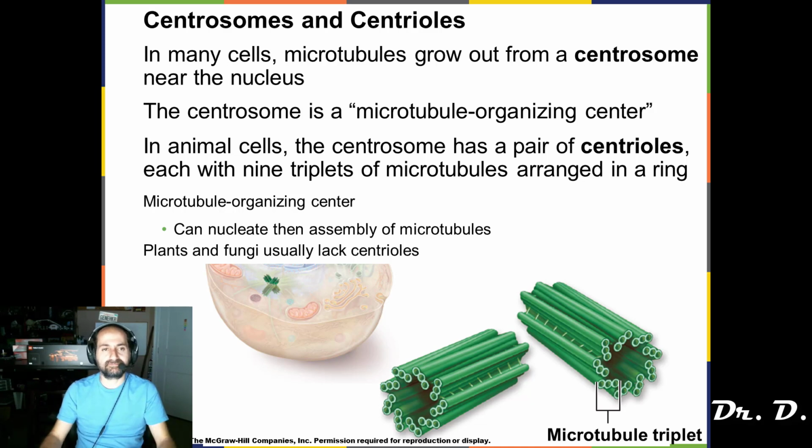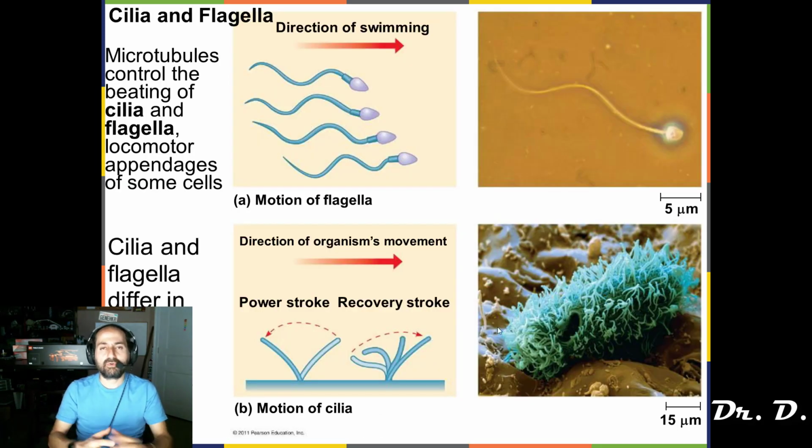So just know that. Another very important function of the microtubules is they play a big role in cell motility of eukaryotic cells. They play a role in flagella. Like, you know, your sperm cells. Sperm cells are flagellated. This is an actual picture of a sperm cell on the right.